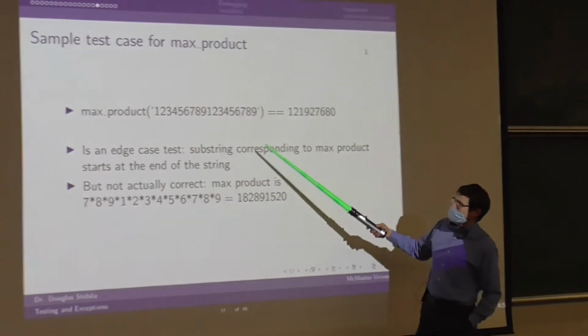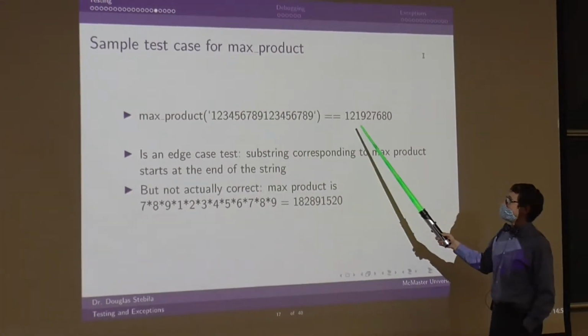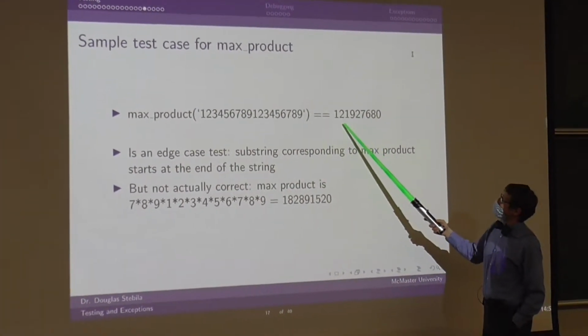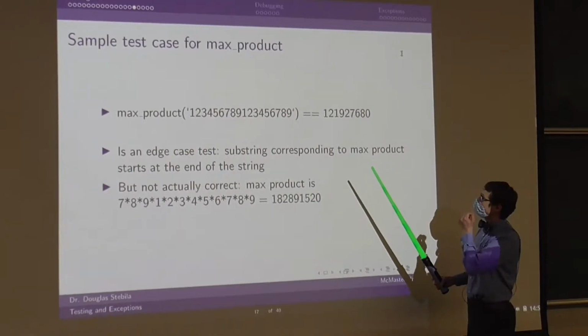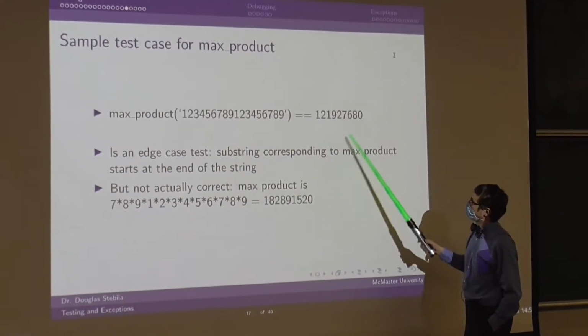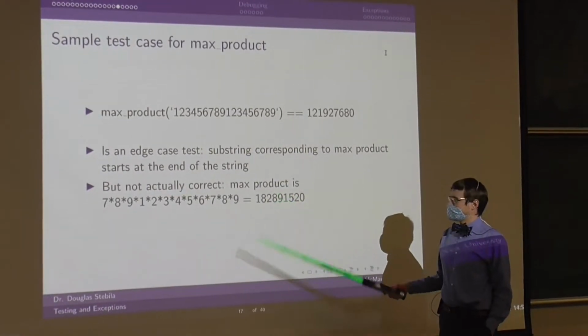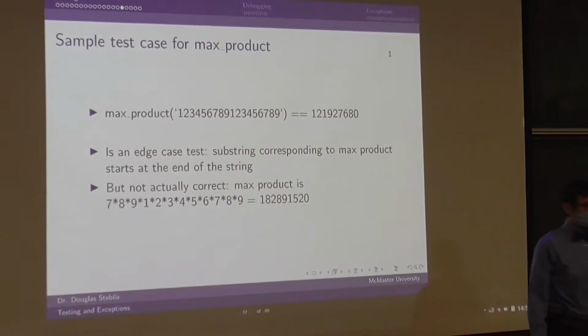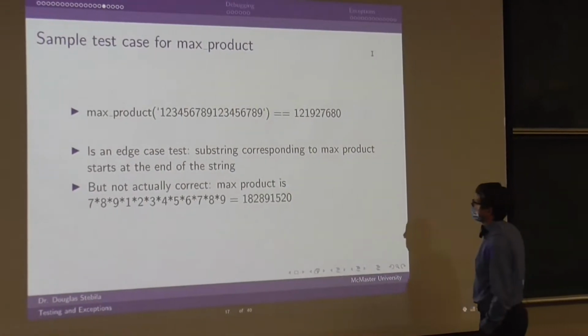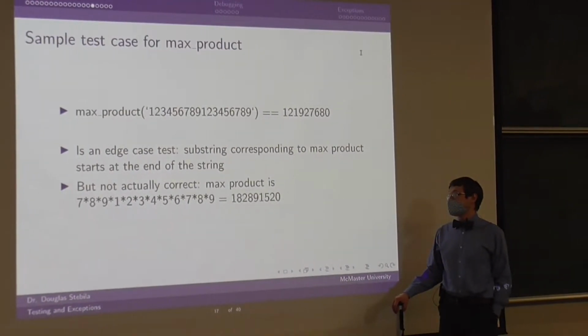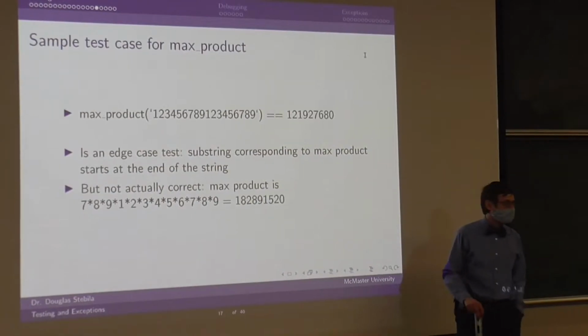So when we test this, we get 121,927,680. It turns out that the actual value, if you verify this with a calculator, is 182,891,520.